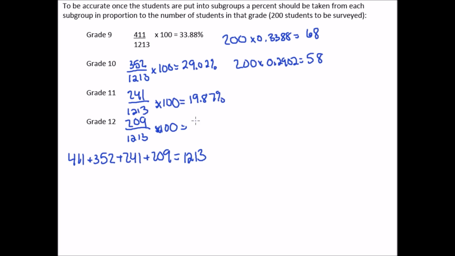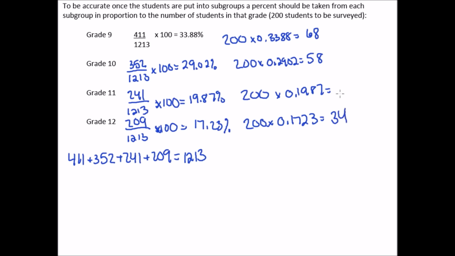This is 17.23%. Okay, and again, if you multiply by 200, so we want to know what 19.87% of 200 is. We want to know what 17.23% of 200 is. We get 34, that's rounded down, and then 200 times 0.1987, and then we'll round this up to 40.